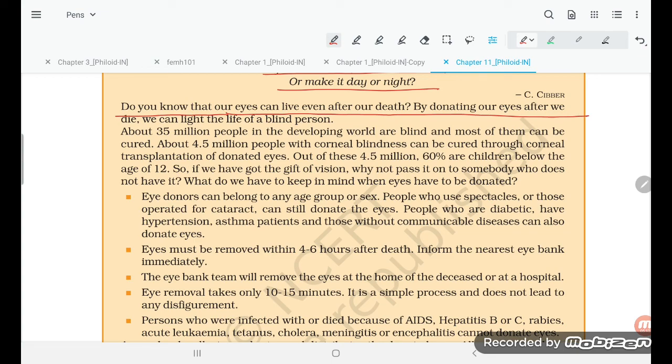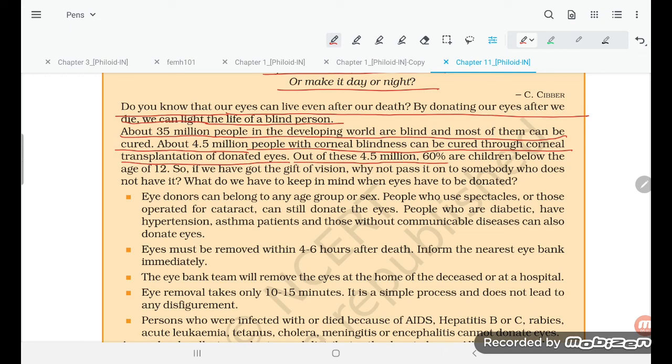By donating our eyes after we die, we can light the life of a blind person. About 35 million people in the developing world are blind, and most of them can be cured. About 4.5 million people with corneal blindness can be cured through corneal transplantation of donated eyes.